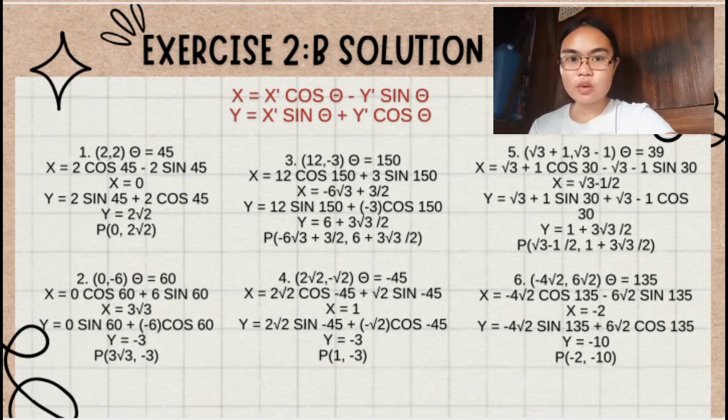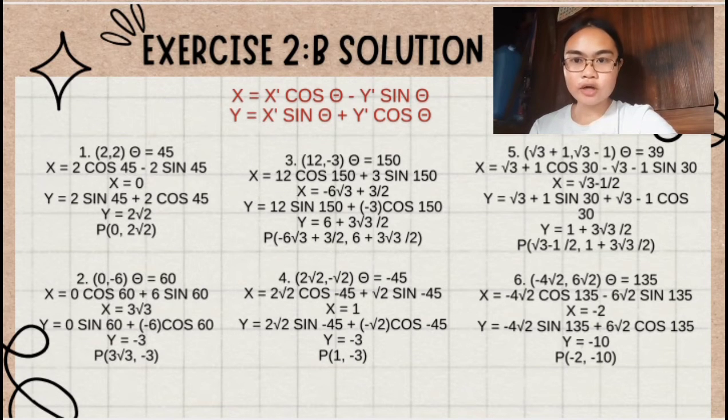And y is equal to 12 sine 150 plus negative 3 cos 150. So y is equal to 6 plus 3 square root of 3 over 2. So the answer for P is negative 3 square root of 3 plus 3 over 2 and 6 plus 3 square root of 3 over 2.